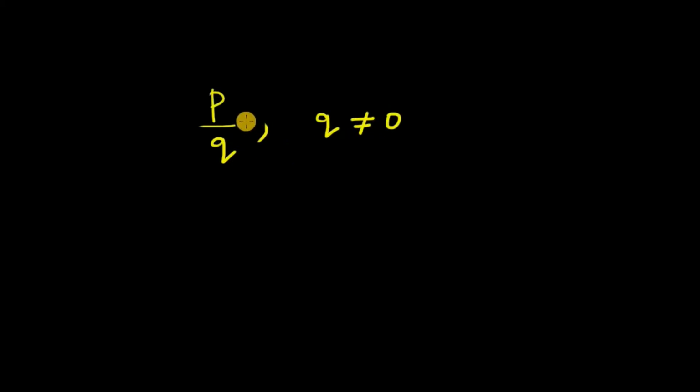Also, we have to note that P and Q should not have a common factor other than 1. That means their highest common factor should be 1, and such a pair of numbers whose highest common factor, or HCF, is 1 is known as coprime. That means P and Q should be coprime, okay?